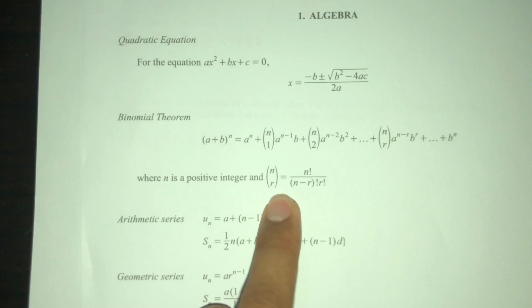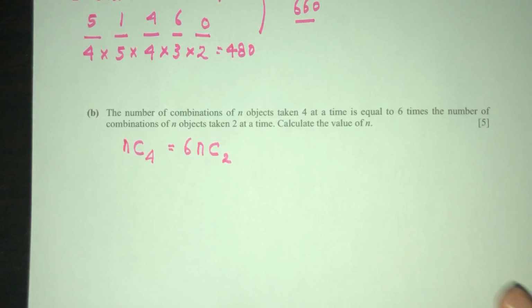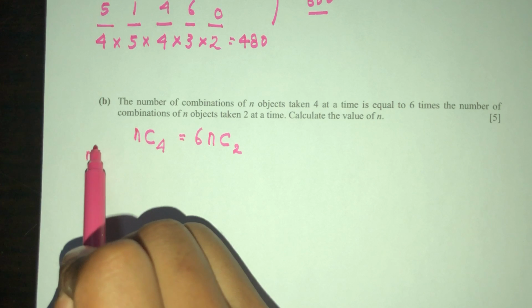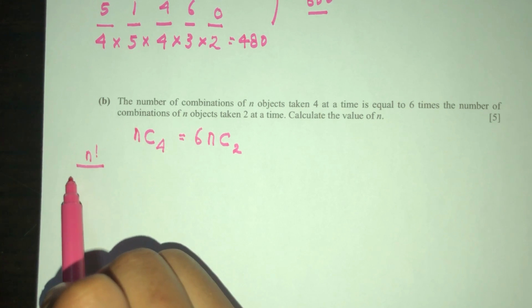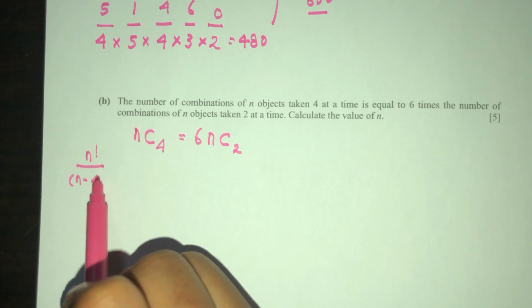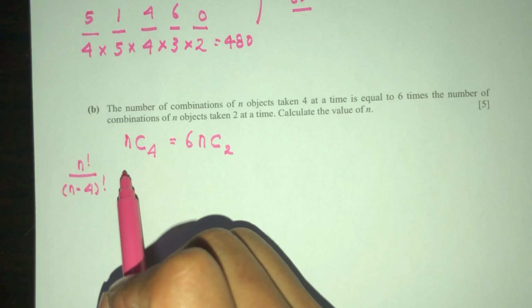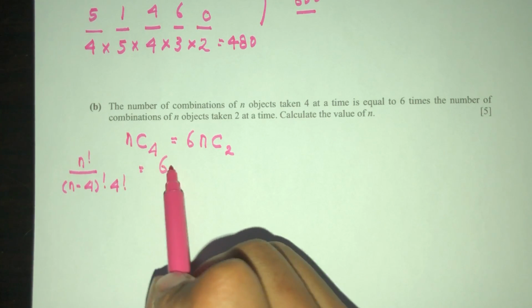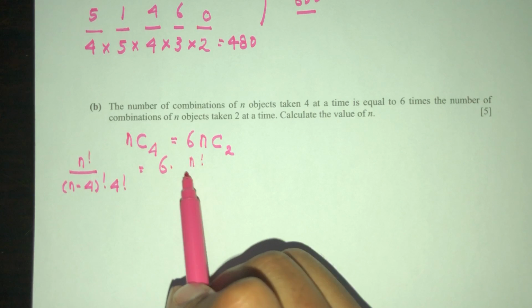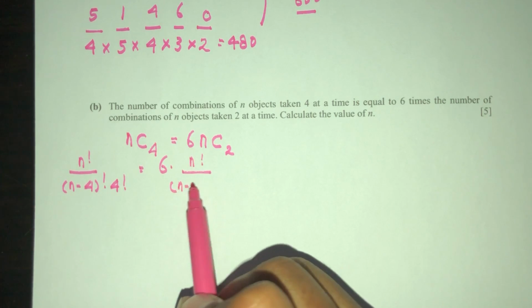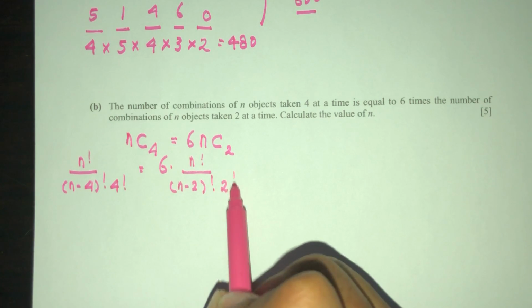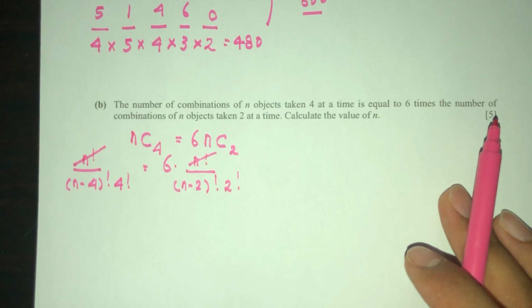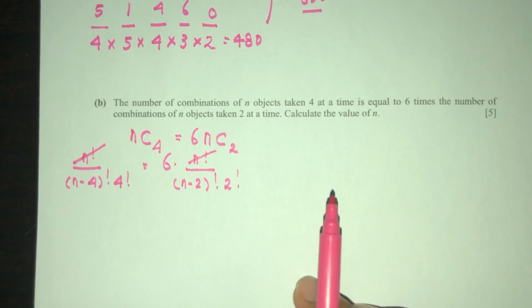So we can just replace the values in and then solve. So n choose 4 is basically n factorial over n minus 4 factorial times 4 factorial is equal to 6 times n factorial over n minus 2 factorial, 2 factorial. Now this will cancel out, obviously, same both sides cancel out. And this is the value of what? Let's see.